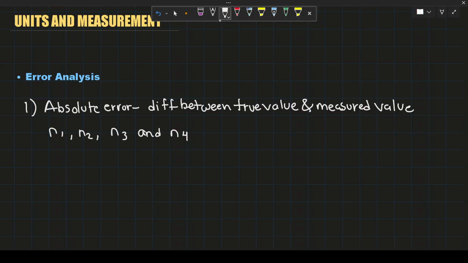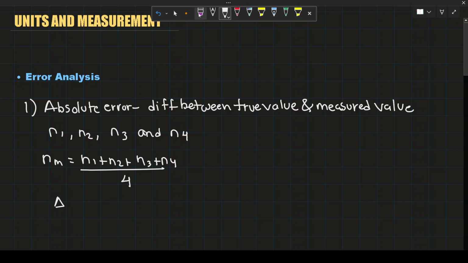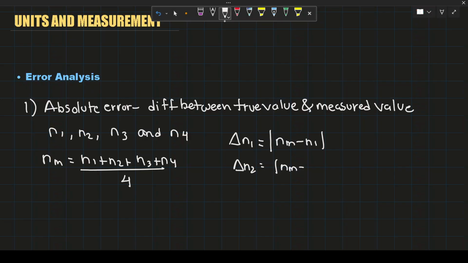The mean of these numbers would be n1 plus n2 plus n3 plus n4 upon 4. So the absolute errors would be delta n1 equals the mod of the mean value minus the number. Similarly, delta n2 will be the mod of the mean value minus n2, and so on.